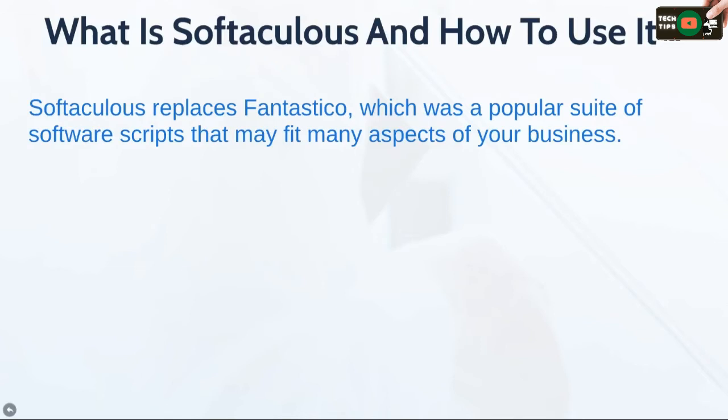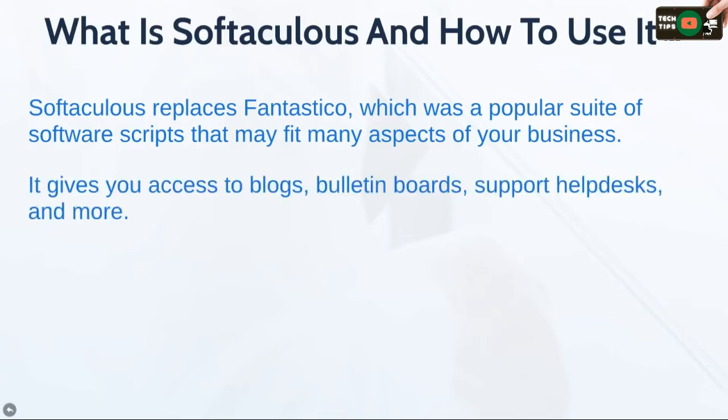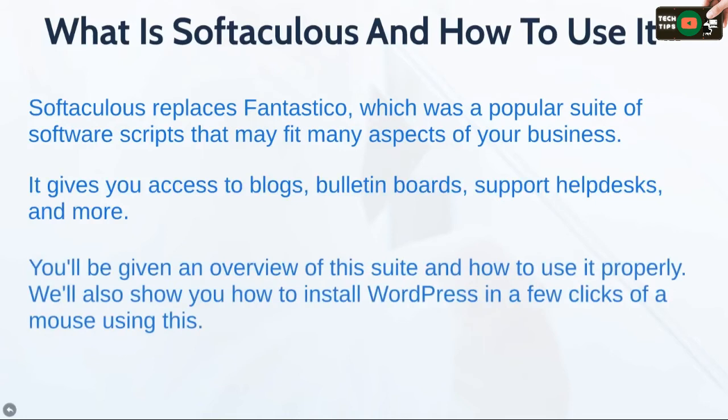There are many different free scripts that you have access to that you do not have to spend extra money for. They're all built in. So in other words, it gives you access to things like WordPress, blogs, bulletin boards, even support help desks, and more. You'll be given an overview of this suite and how to use it properly, and we'll show you how to install things like WordPress in a few clicks of your mouse.